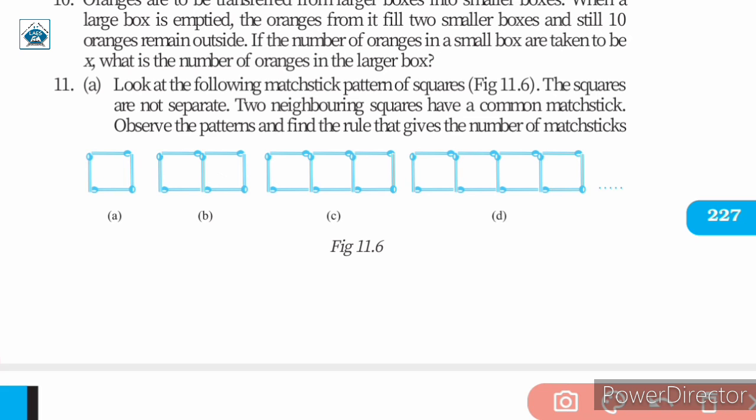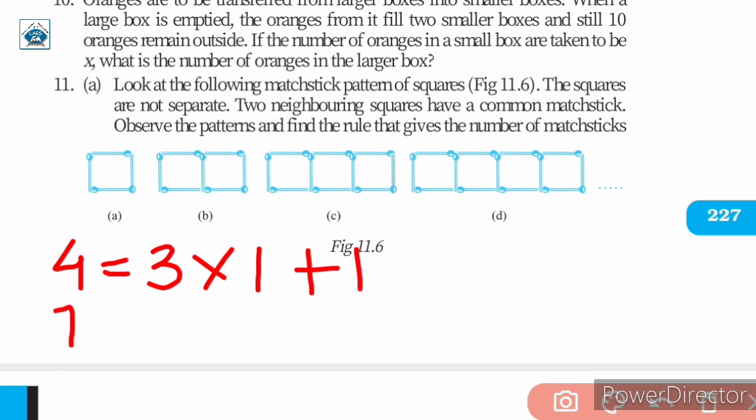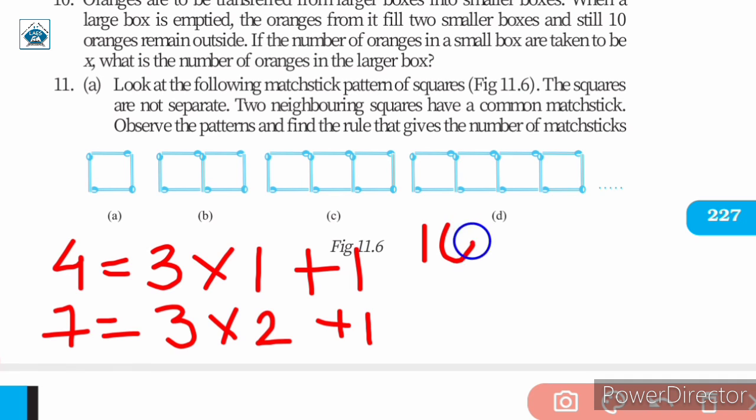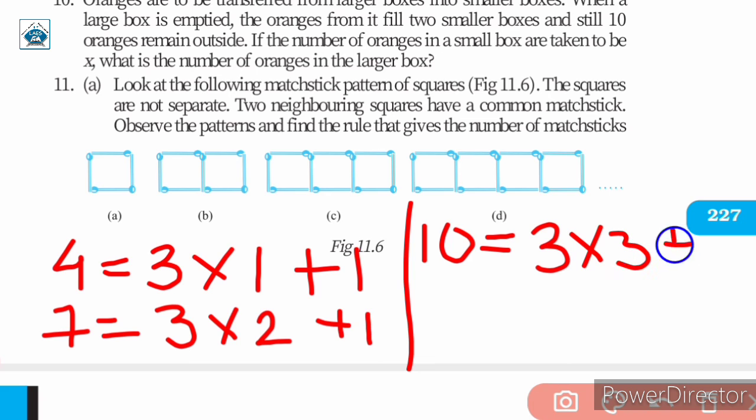Now we can rewrite 4 as 3 into 1 plus 1. Why am I doing this? You will just understand now. Next, I can write 7 as 3 into 2 plus 1. Also, I can write 10 as 3 into 3 plus 1.